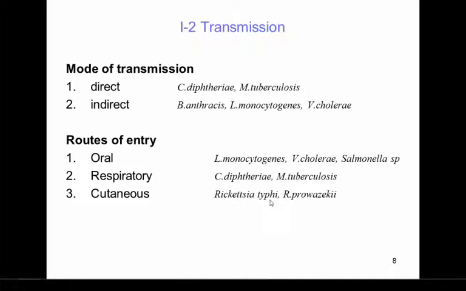Clothes lice, because there are 3 species of lice that can infect humans, right? Head lice, genital lice, and clothes lice. These infections are transmitted by clothes lice, okay? So people living in unsanitary conditions can have lice in their clothes. The bacteria grows inside the louse in its gut.